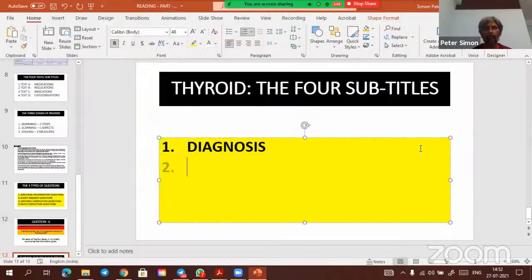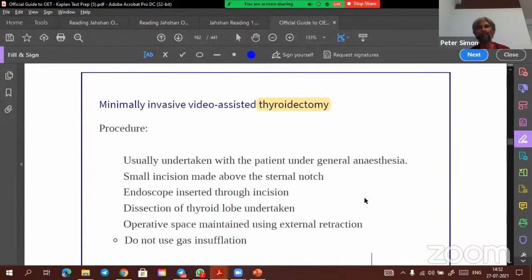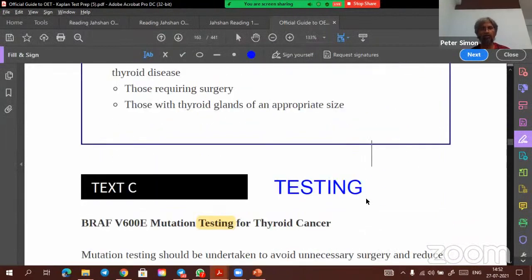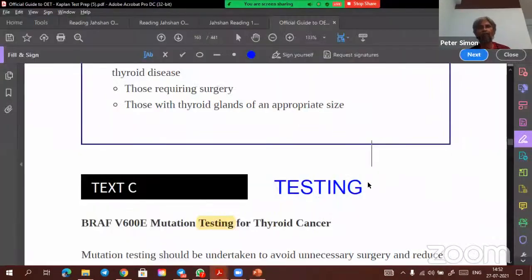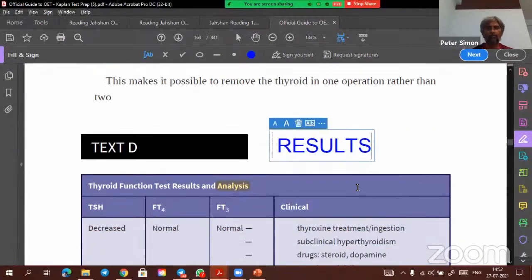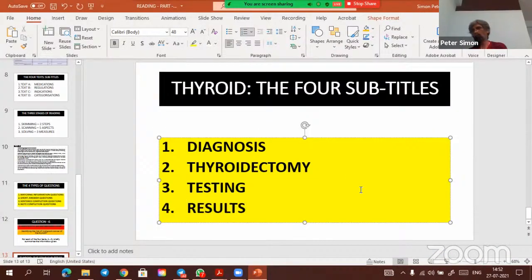Thyroidectomy. Number three: Testing. Number four: Results. Finished. I have given you that there.